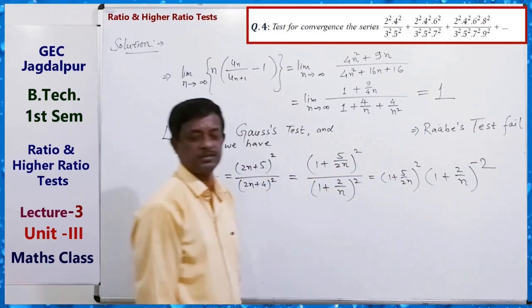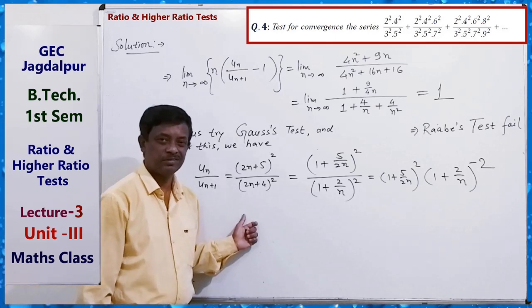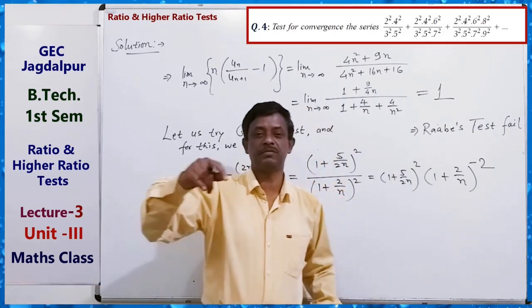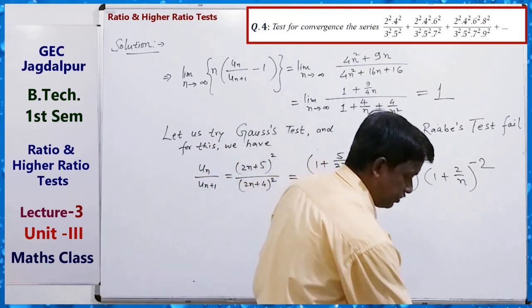We can write like this, because we are trying to express it as a series, alpha plus beta by n plus gamma by n square. Clear?